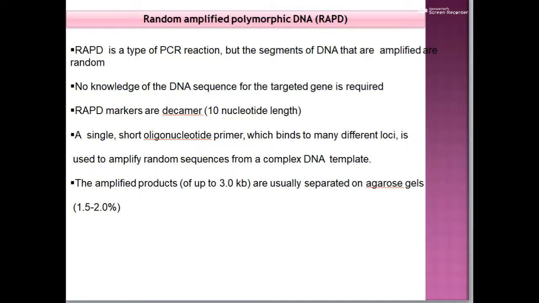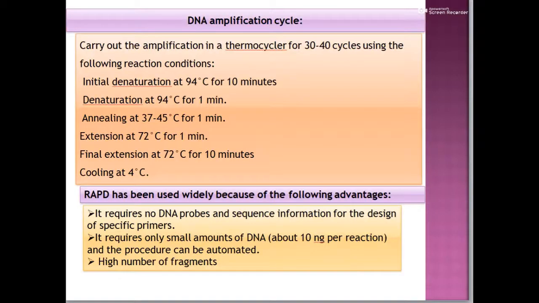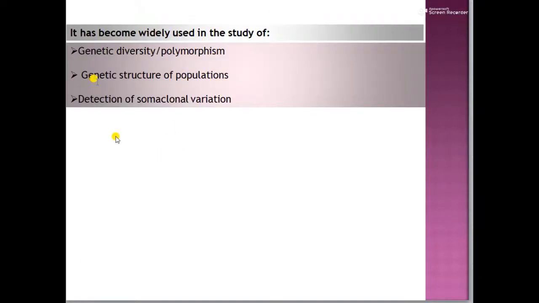If you have different varieties of a plant, they will have a RAPD pattern and you can identify them. The same PCR amplification procedure is carried out, but the primers used here are random. So it is widely used for genetic diversity or polymorphism studies, the genetic structure of populations, or for the detection of somaclonal variations.